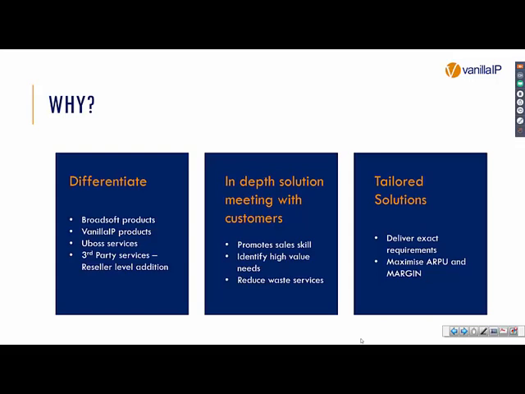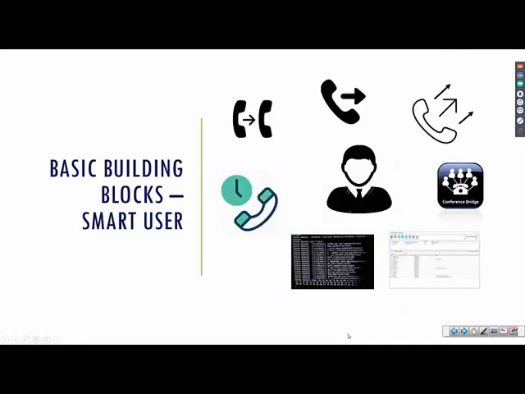So that's why we've focused so much on being able to be flexible and be able to deliver this toolkit to our partners. But we have to start somewhere. So we've started with a single building block called a smart user, and this, if you like, is the table stakes, the entry-level extension as we see it, and it's the simplest way of us packaging up the core BroadWorks and small additional services.